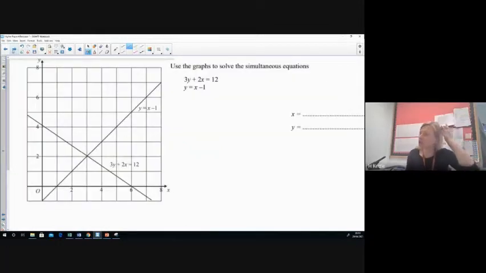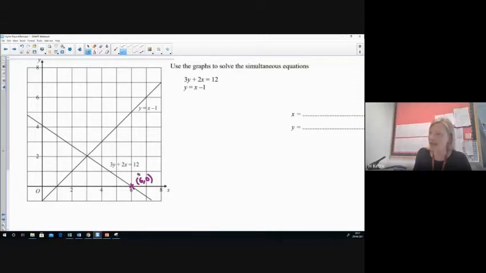Okay, next question. Use the graphs to solve the simultaneous equations. Now, an equation on a line essentially is just a series of points that satisfy the equation. So this line coming down here is 3y add 2x equals 12. Now, if you pick any point on that line, it's going to satisfy that equation. So if we pick this point, for example, this is the coordinate 6, 0.